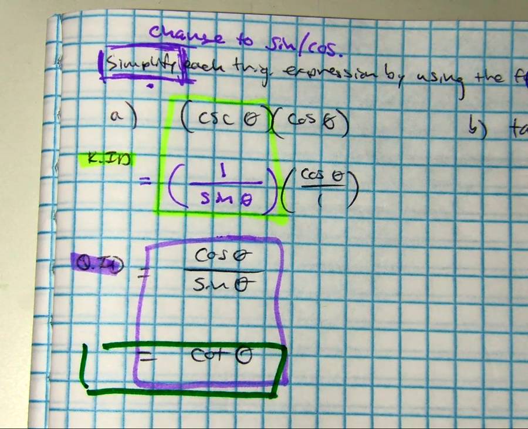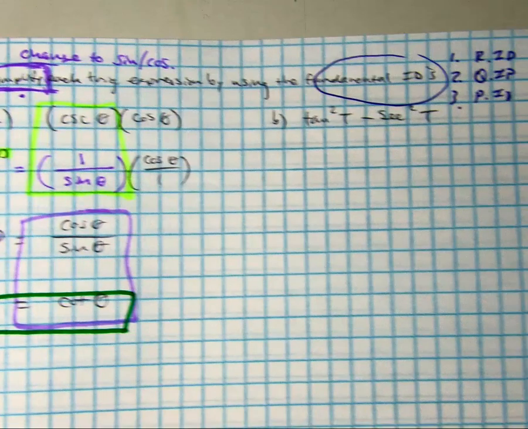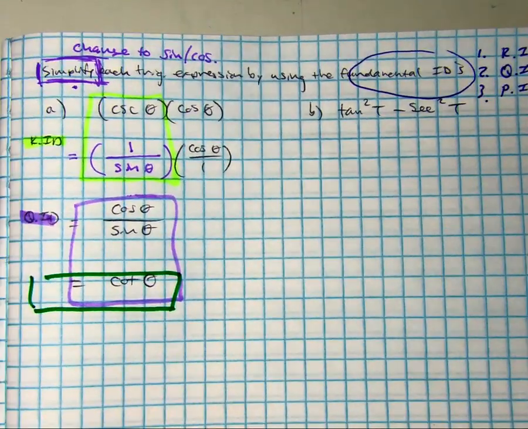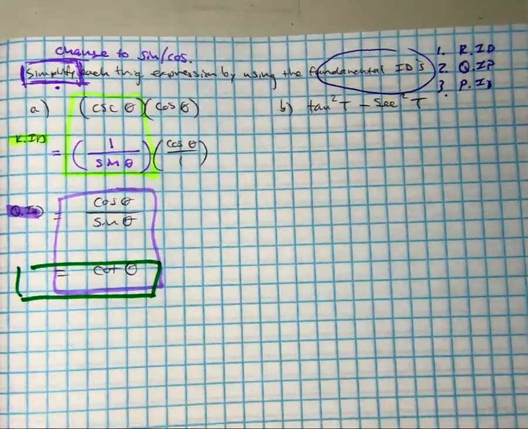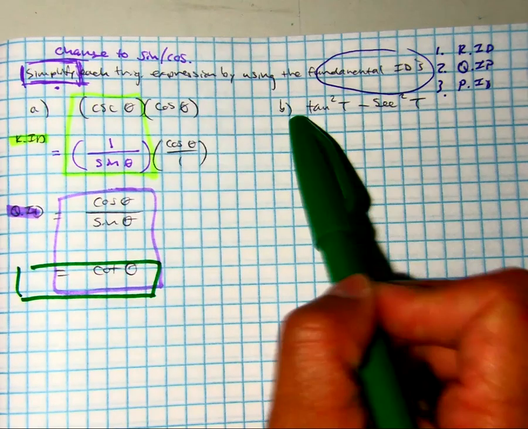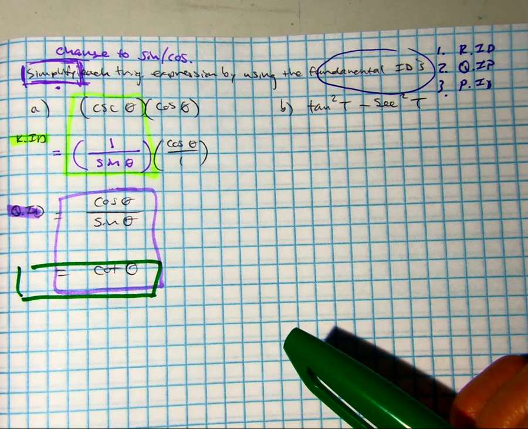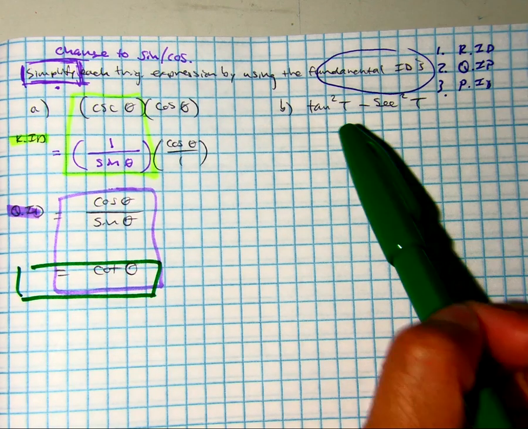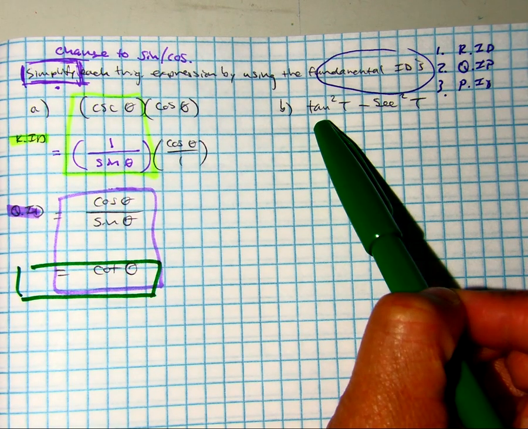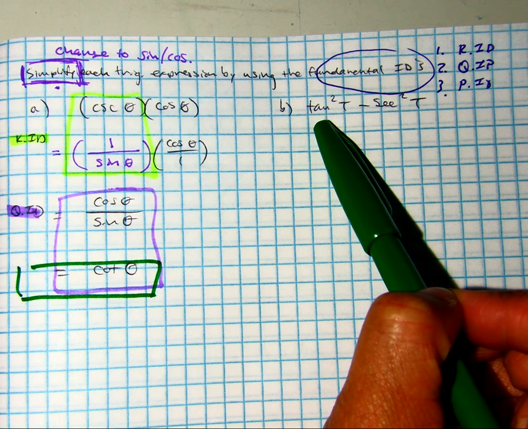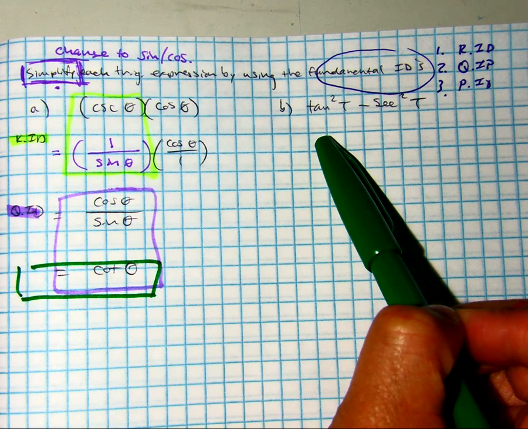Alright, let's try the next one. Class, I want you to tell me yes or no. In this problem, do you think we're going to use the reciprocal identity? Yes or no? No. I don't see a fraction. I don't see 1 over something.